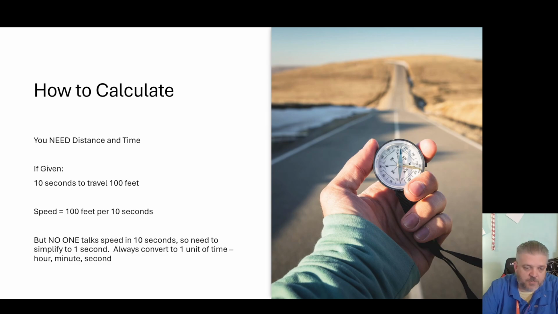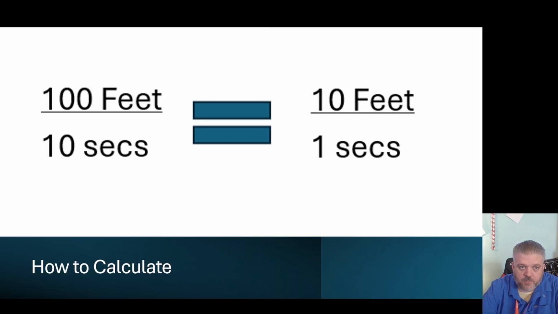But when have you ever heard somebody talk about the distance in 10 seconds, or how many miles per 10 hours does your car go? Nobody talks that way. They talk about 1 second, 1 hour, 1 minute. So we need to convert to one of whatever our unit of time is. In this case, it's pretty simple. We just divide 100 feet by 10 seconds, which equals 10 feet per second.